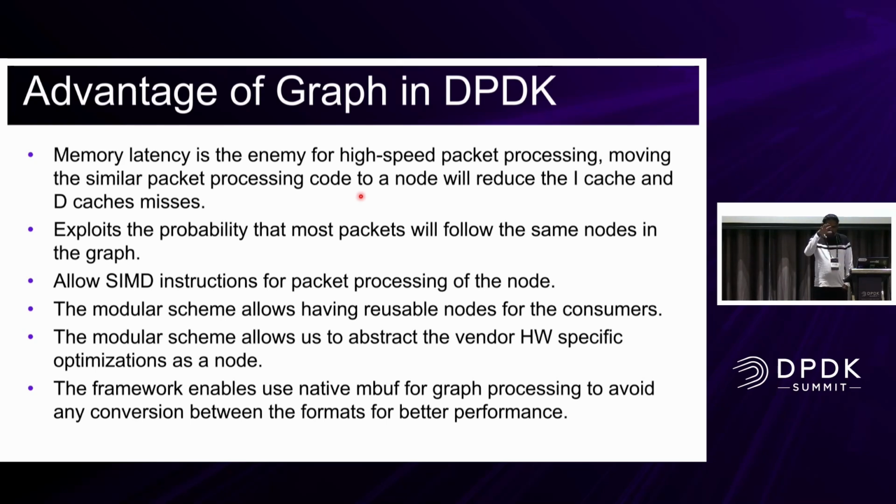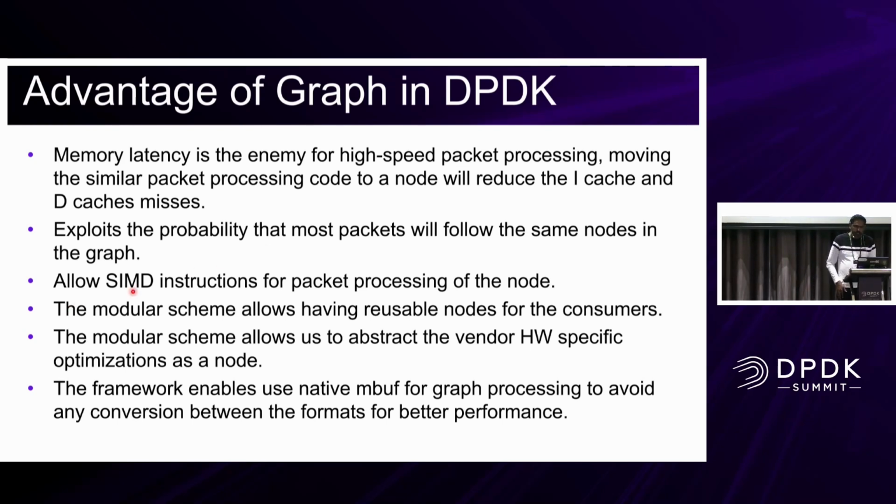You get an IPv4 packet and can go through it, so the I-cache stays warm. It basically exploits the probability that most packets will follow the same nodes in the graph. Typically in internet traffic, if you take a burst of 32 packets, most likely they follow a similar flow, so they land up in the same node.